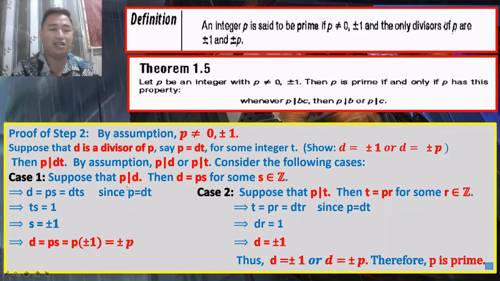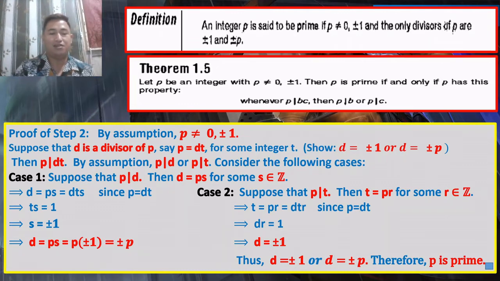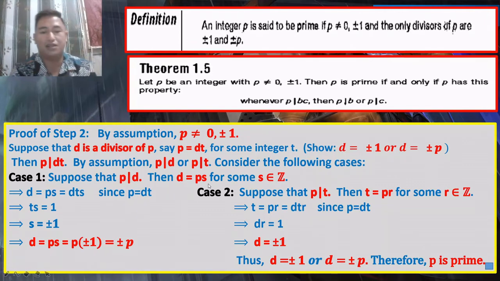Case 1. Suppose that P divides D. Case 2 is when P divides T. If P divides D, then D is equal to PS. By the definition of P divides D, P is a factor of D, for some S an element of Z, the integers.